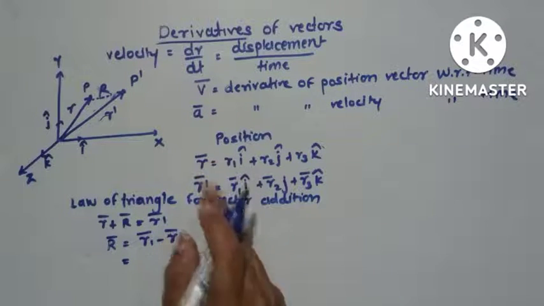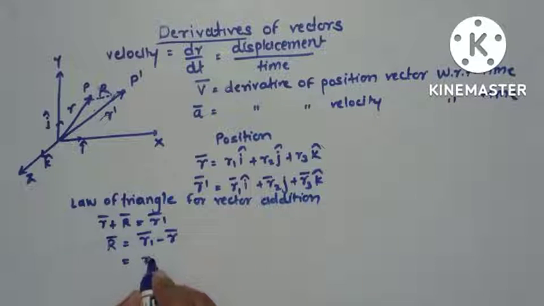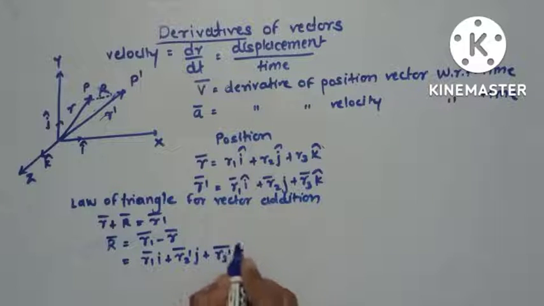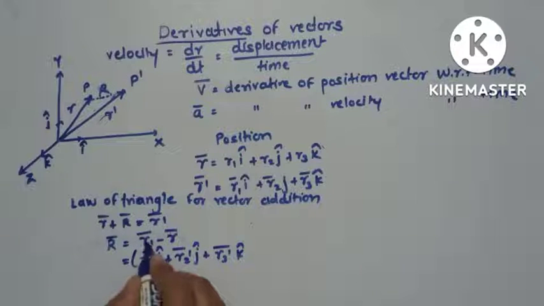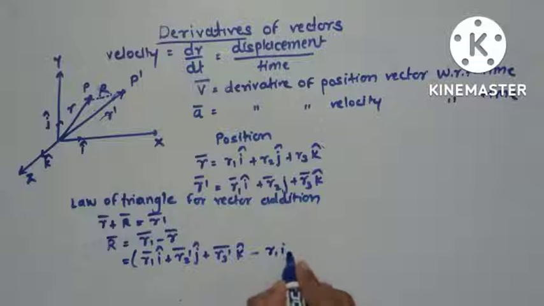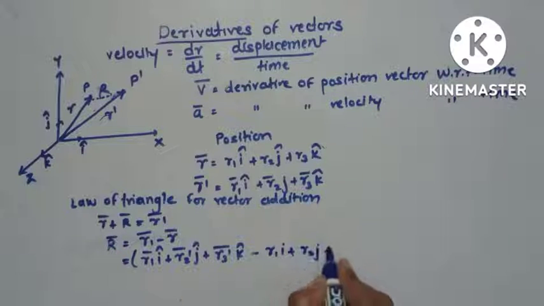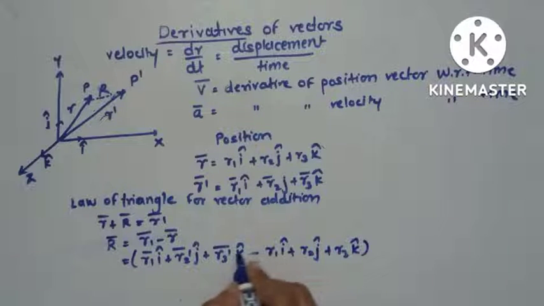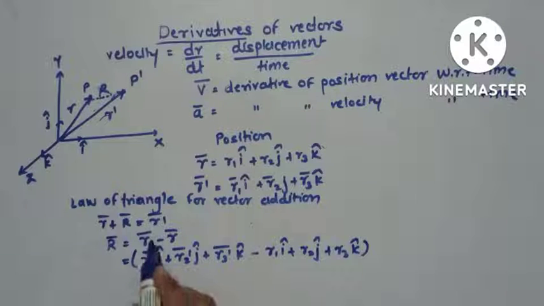We know the values of r dash and r, so let us put these values in: r1 dash i plus r2 dash j plus r3 dash k is the position vector r dash, minus r1 i plus r2 j plus r3 k. Don't forget to write the cap on the i, j and k, and also don't forget to write the vector sign on all position vectors.